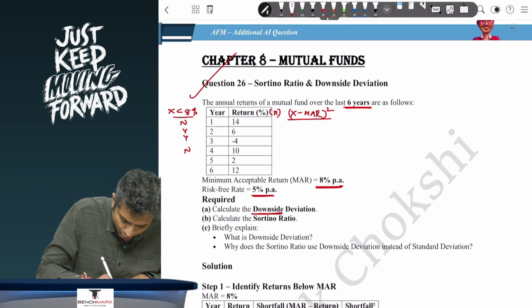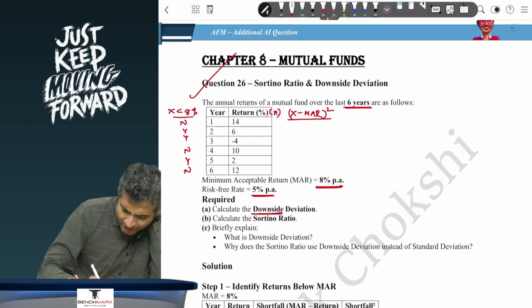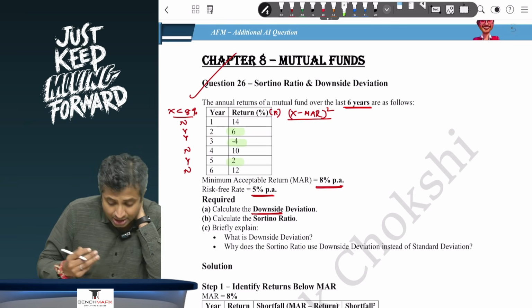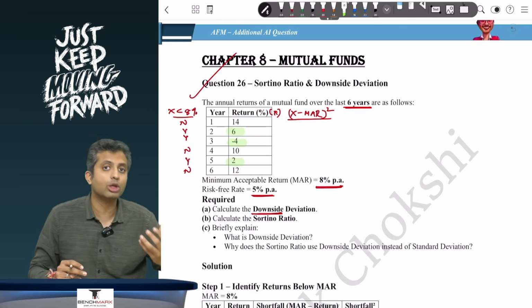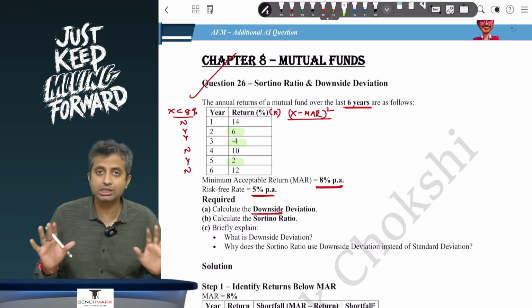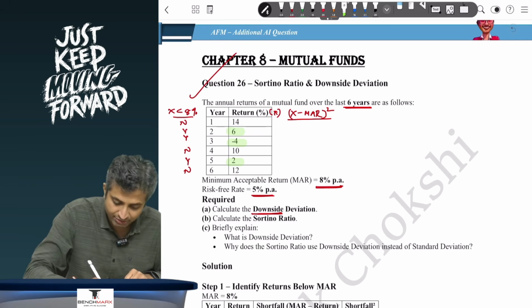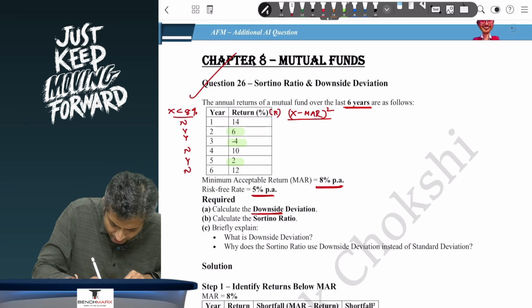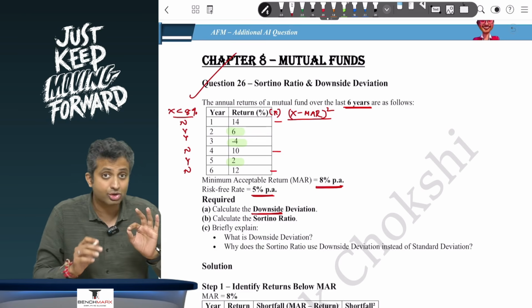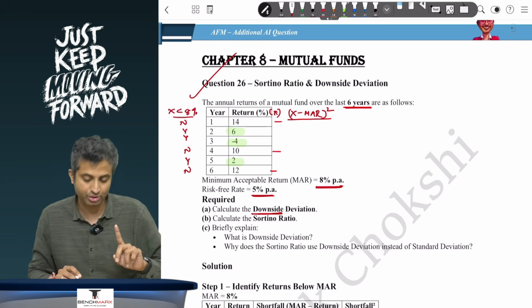In this case, no, yes, and no. So basically, at these specific instances, 1, 2, and 3, your return generated is lower than your minimum acceptable return, and hence only these cases will be taken for the purpose of your downside deviation calculation. So over here, you will not consider this. Similarly, you will not consider this. And similarly, these 3 observations will not be considered for the purpose of deviation.